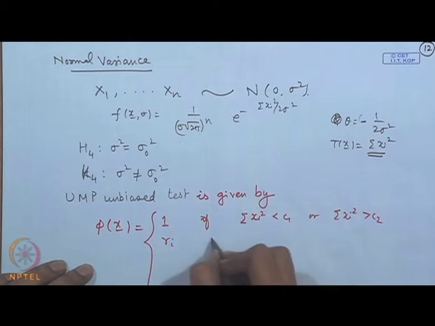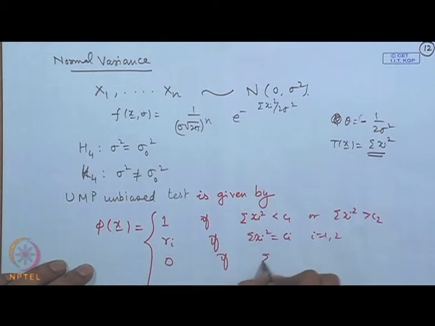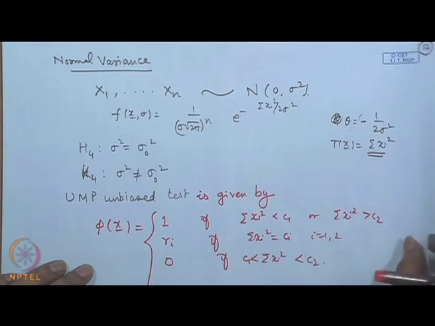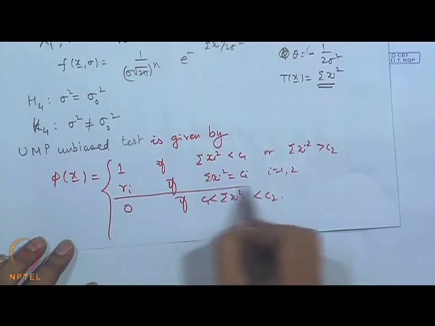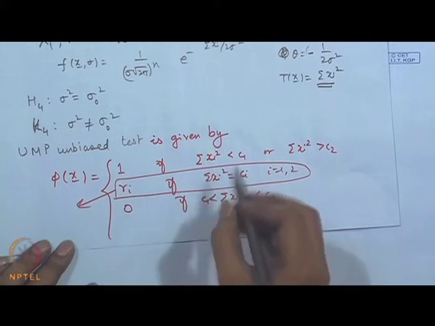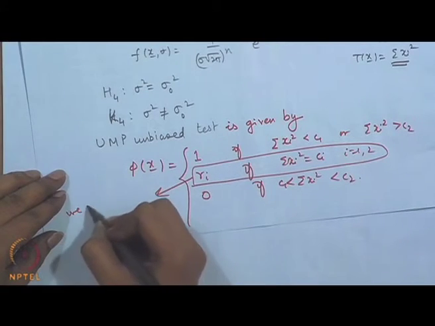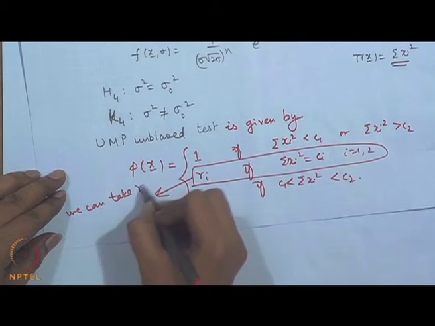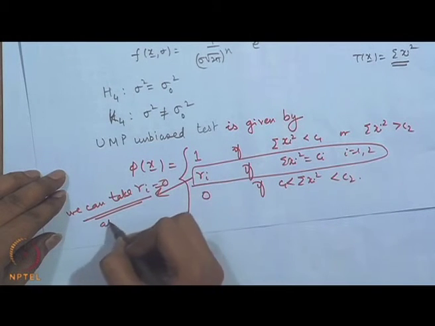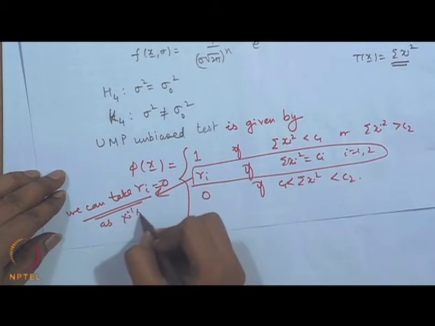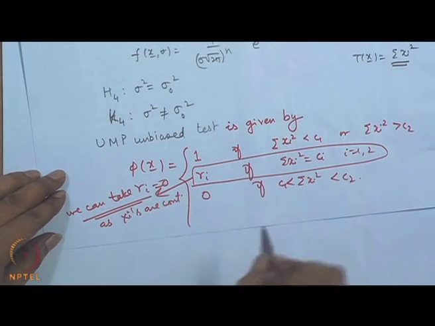It is equal to gamma I if sigma x I square is equal to Ci, I is equal to 1, 2. It is equal to 0 if sigma x I square lies between C1 to C2. And now this part we can take gamma I to be 0 as x i's are continuous.